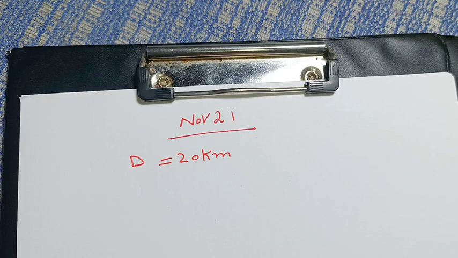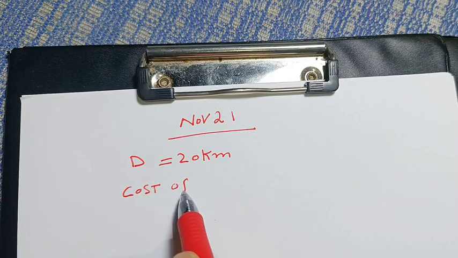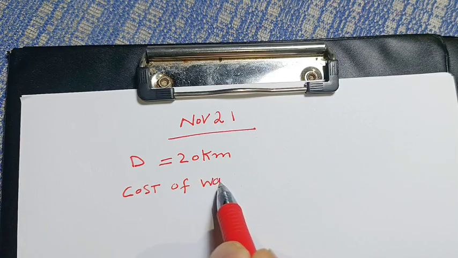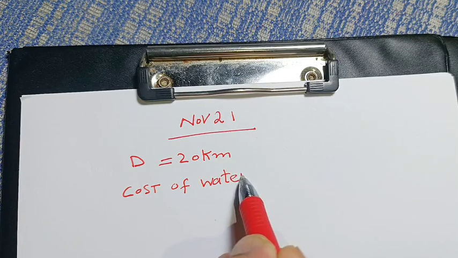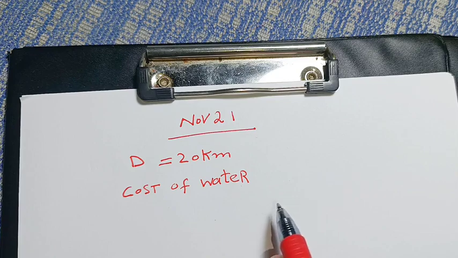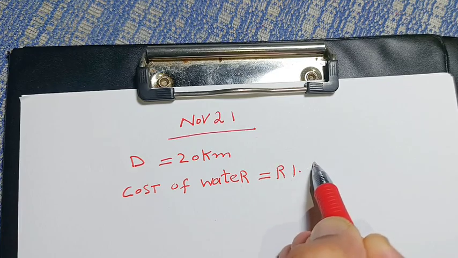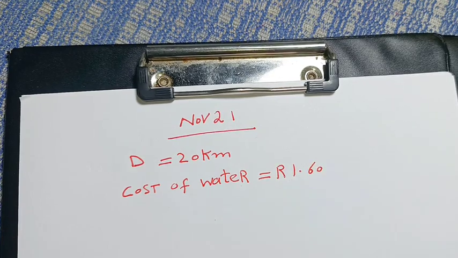Now the cost of water, you can say CW, is going to be 1 rand and 60 cent per hour.